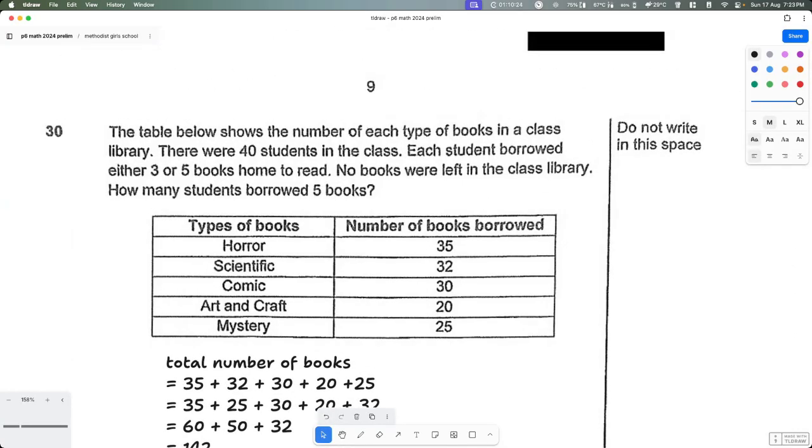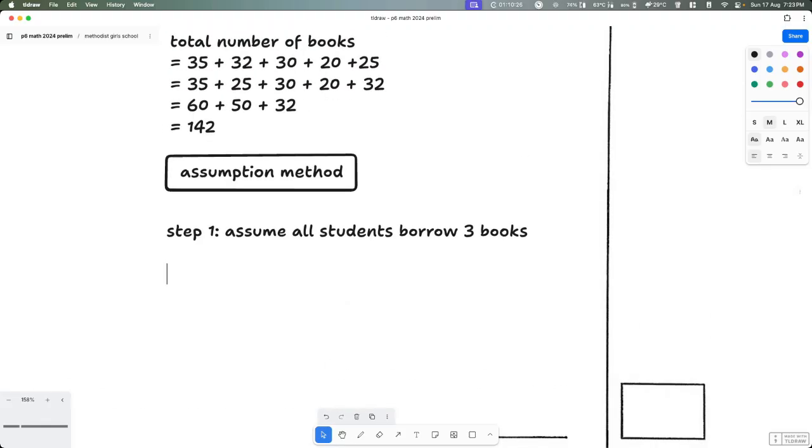So in this case, we have 40 students. Assume total is equal to 40 times 3, which is equal to 120 books. Okay, so step 2 is find the difference.